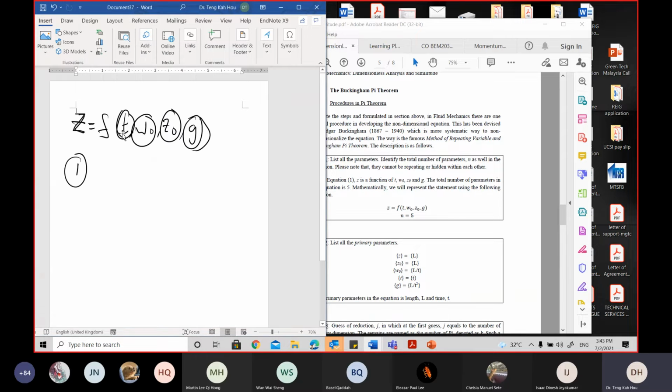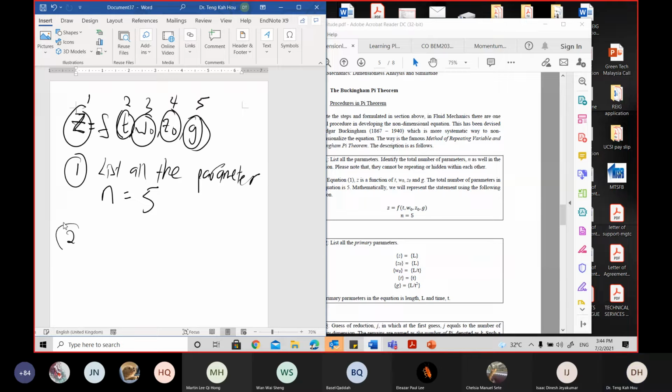Okay, so the first step is always to list down all the parameters, and we call it n. One parameter, two, three, four, and five. So you have 5 parameters in this function. Second step, list down all these parameters; we call them primary parameters.